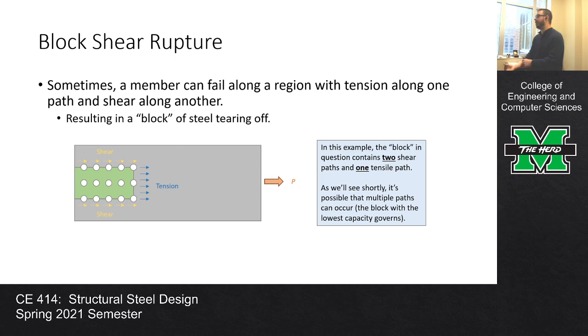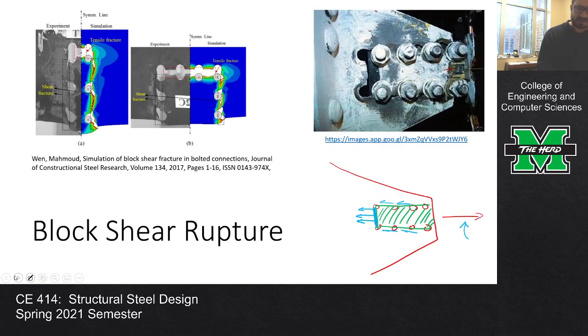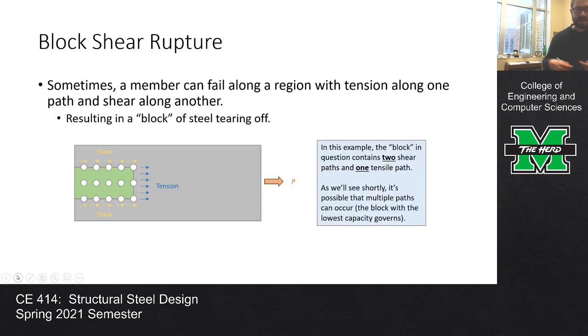Sometimes a member can fail along a region with tension along one path and shear along another, and that's why we call it block shear. In this example, like I have drawn on this slide, this was the same as on the previous slide. There are 2 shear paths and 1 tensile path, and we've got to be sure that we account for that correctly when we do the math.